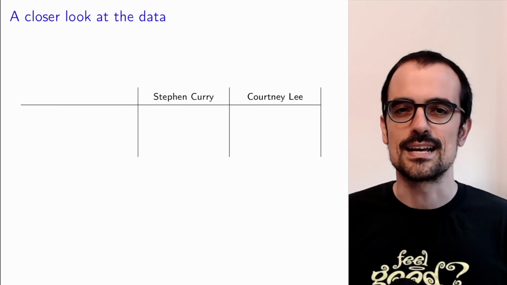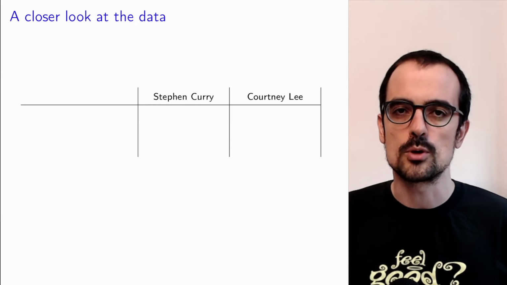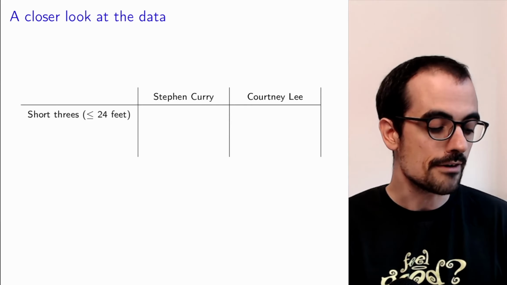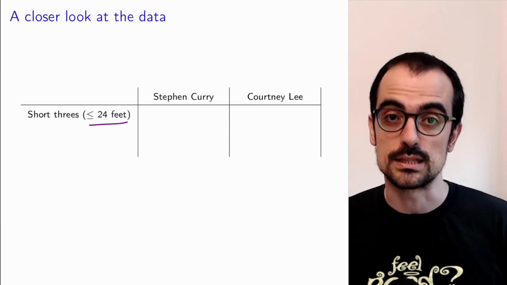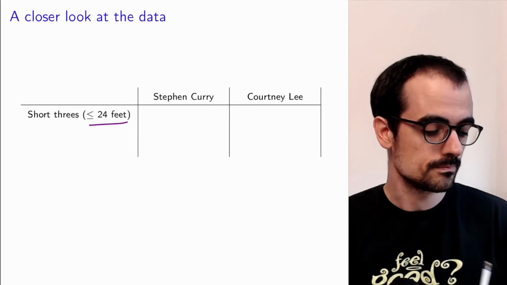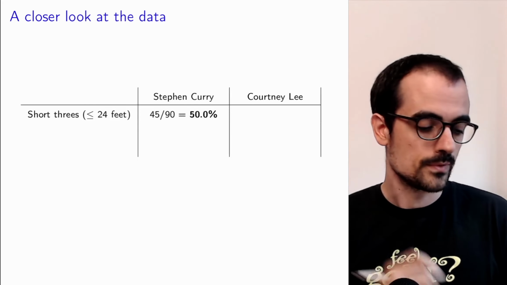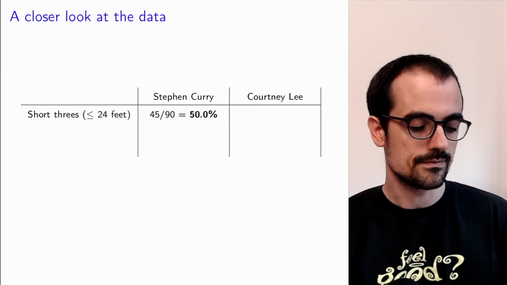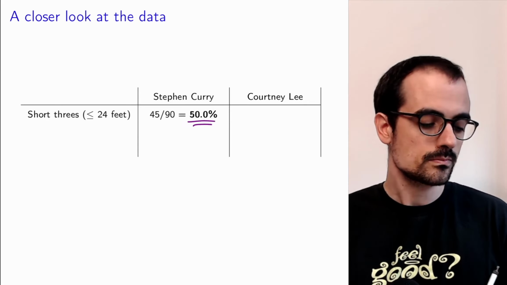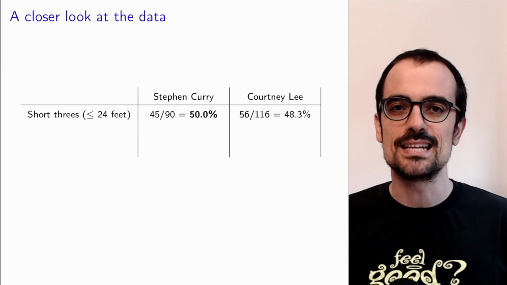Let us dig a little bit deeper into the data. So here I'm going to separate the 3-pointers between short threes that happened very close to the NBA 3-point line. They're at 24 feet or closer, and long threes, which are longer. So for short threes, what we see is that Stephen Curry makes half of his short threes. Courtney Lee makes slightly less than half.